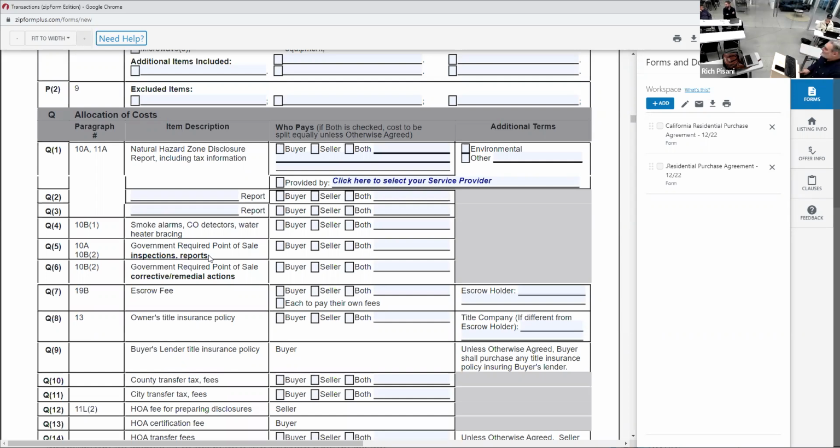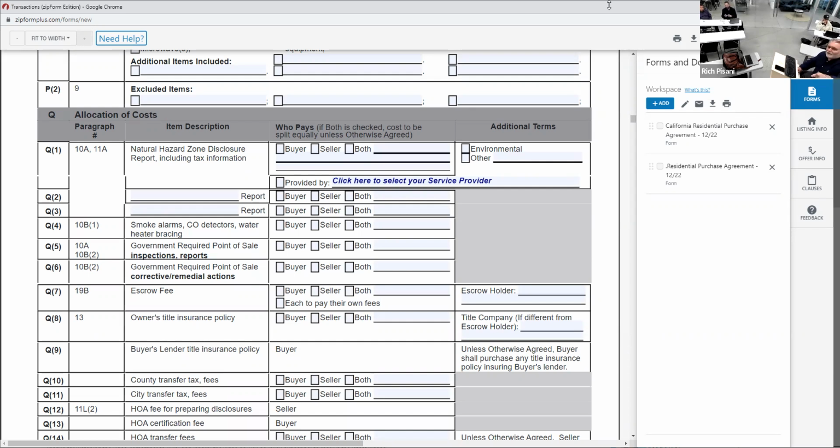Most offices are $25,000 deductible. I've seen even higher, because everybody sues everybody in California. That's the state we live in. So anyways, don't do it. Don't waive inspections, don't waive reports.